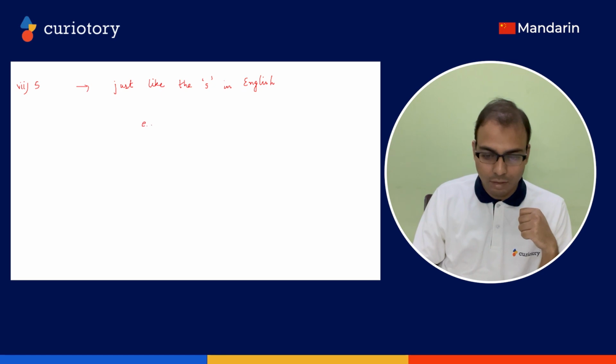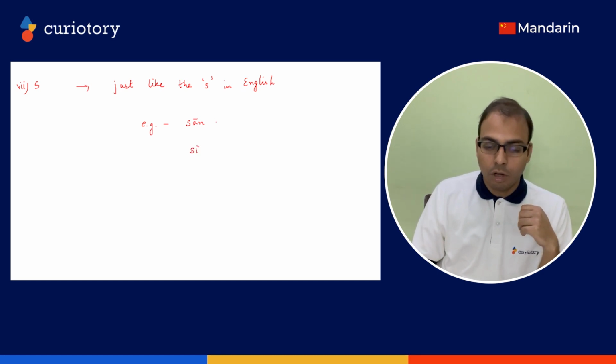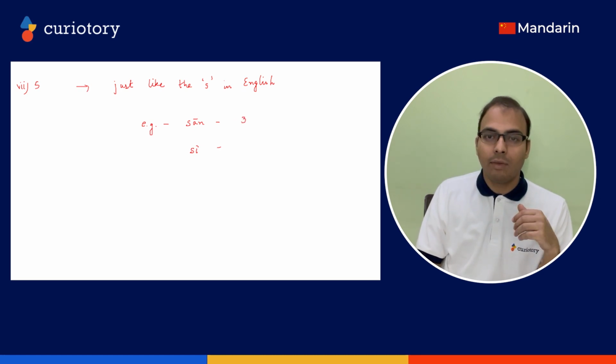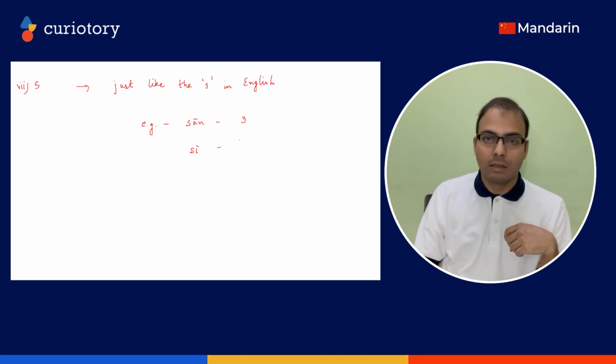The first one is san, the second one is si. You learned in previous sessions that san with the first tone means 3 and si with a fourth tone means 4.